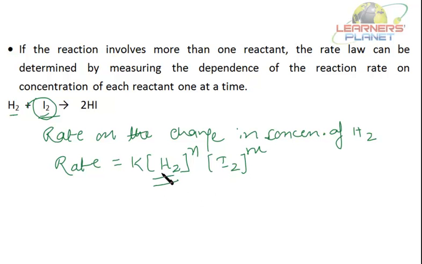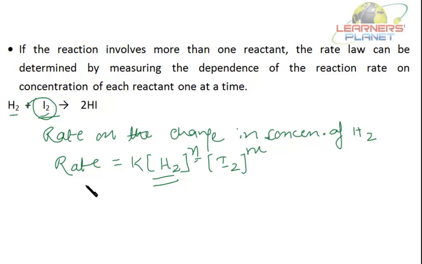Now we have to determine the order with respect to hydrogen, that is, how the change in concentration of hydrogen affects the rate. Say if I double the concentration of hydrogen, what will be the effect on the rate? Will it be doubled? Will it be quadrupled? Will it remain the same? I have to determine that. So we have to first determine n. For this, the iodine is taken in large excess.